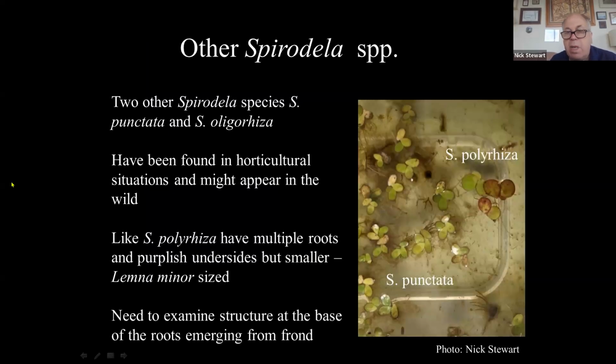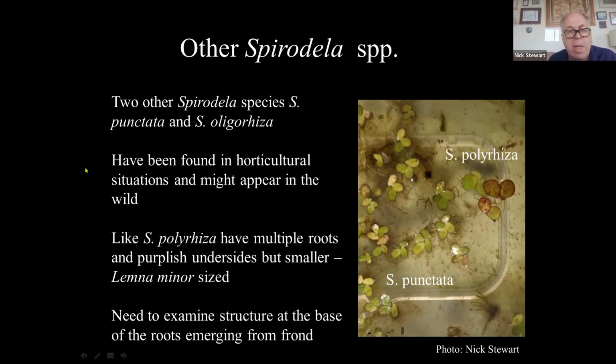There are, however, two other Spirodelas around, and again, they tend to be in horticultural situations, garden centres, or one of them is quite well established in Bangor Botanic Gardens. That's Spirodela punctata. But it's still very rare.